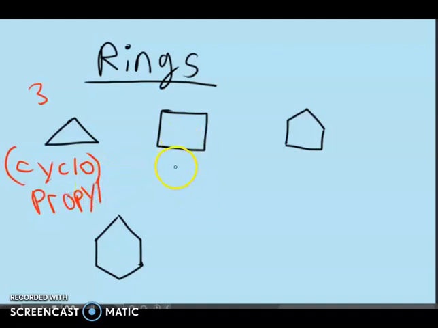This here would be cyclobutyl, cyclopentyl, and cyclohexyl. But just know that the first 2, cyclopropyl and cyclobutyl, are not likely to exist, just because of ring strain.